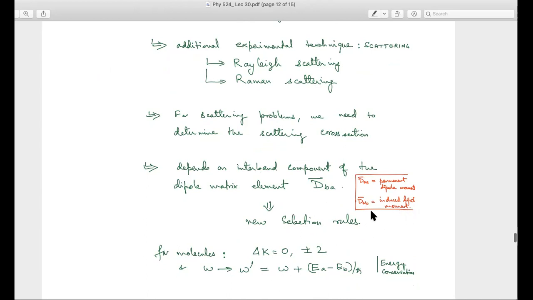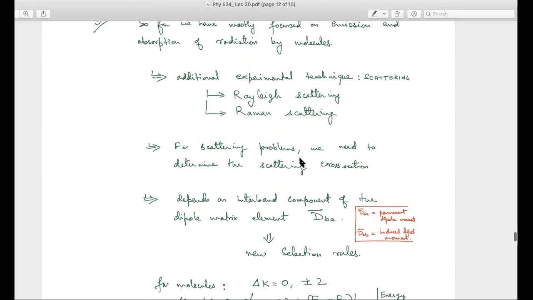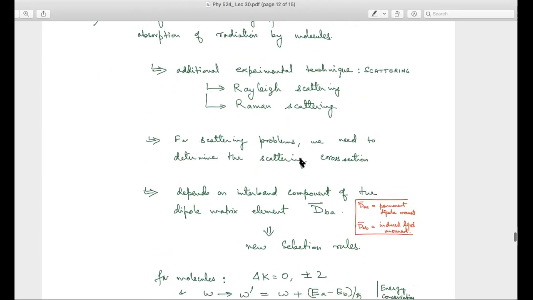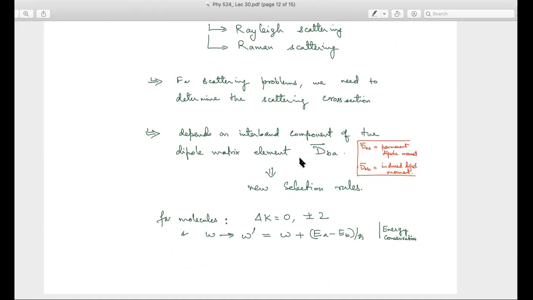So if you do a similar calculation with the interband component of the dipole matrix element, then the selection rule we get is that delta K has to be either in multiples of 2, or delta K is equal to 0. That is number one I'll get.